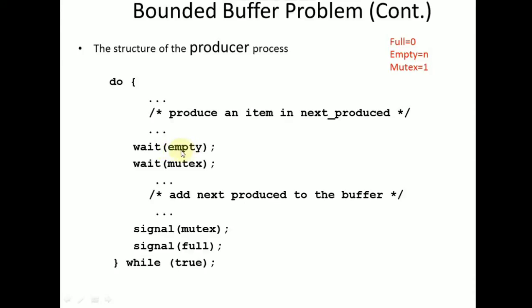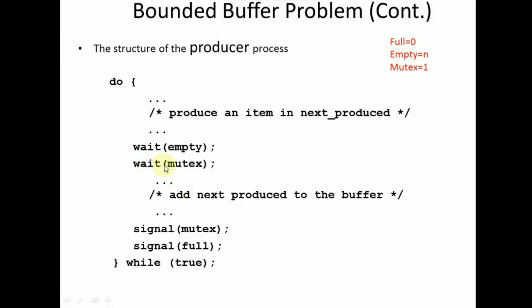When it calls wait, it is decrementing empty. So if there are n empty buffers and it has produced one item, now there are n minus 1 empty buffers. The producer process also calls wait on mutex, which ensures that only the producer process is acting on the buffer and no other process is allowed to act on the buffer.